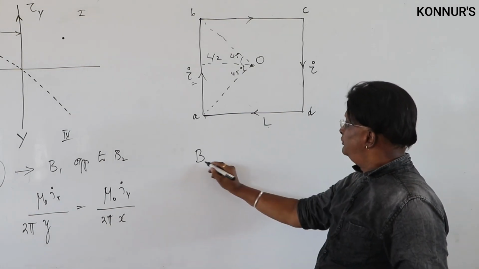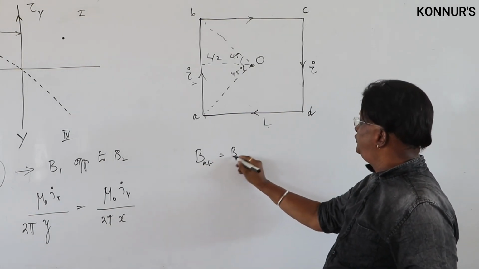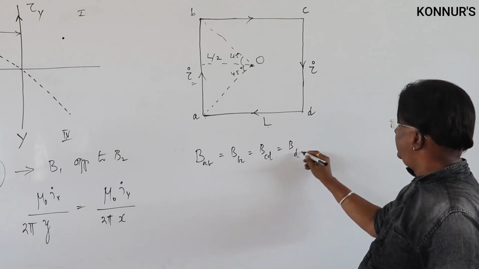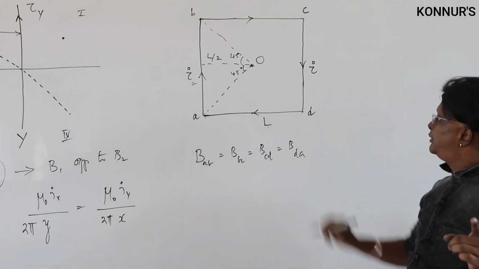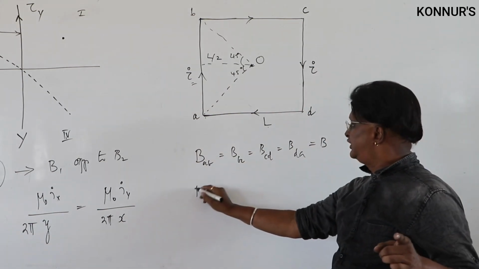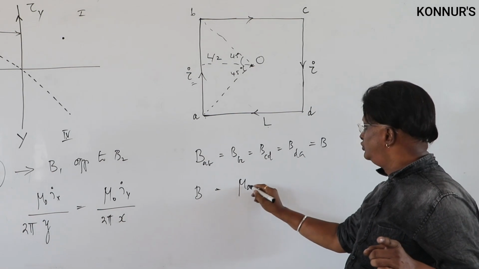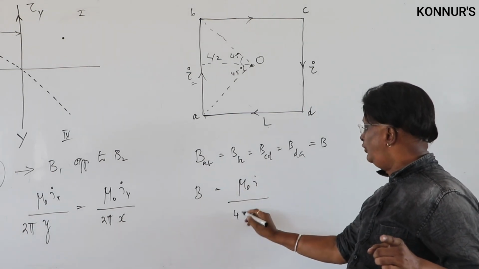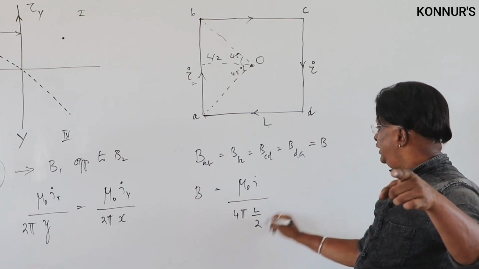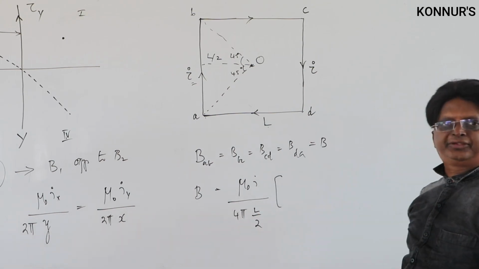Now let me write B due to AB is equal to B due to BC is equal to B due to CD is equal to B due to DA. Remember, this is a current loop, and this is equal to B. In such a case, what is B? You write the formula mu naught I by 4 pi R. Now in this example R is L by 2, into sin alpha plus sin beta.